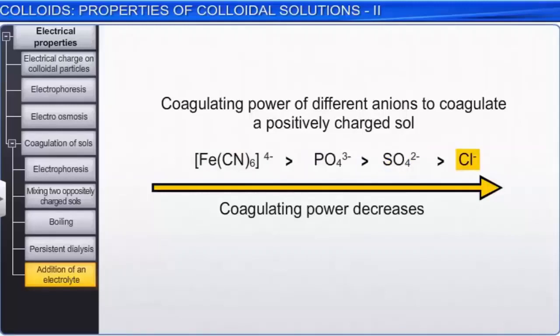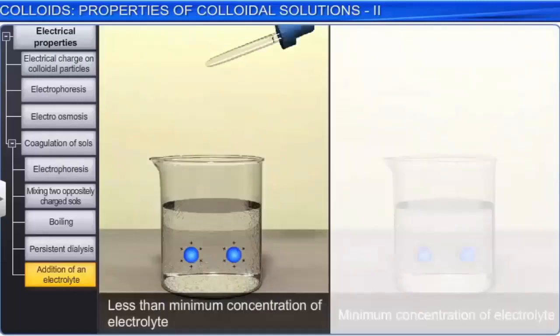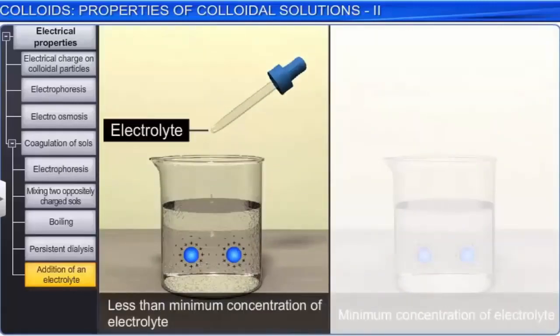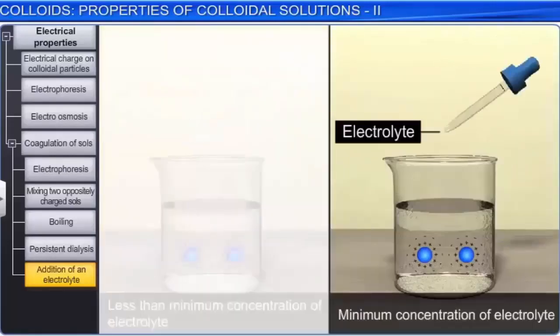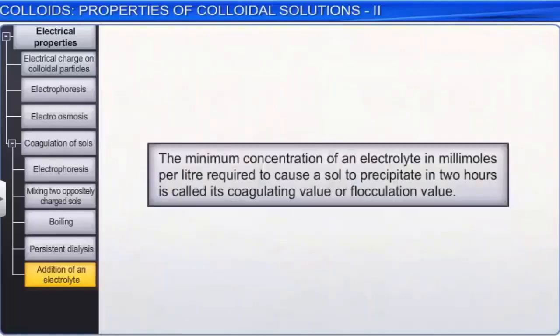The coagulation of a sol by an electrolyte does not take place until the electrolyte added has a certain minimum concentration in the solution. The minimum concentration of an electrolyte in millimoles per liter required to cause a sol to precipitate in 2 hours is called its coagulating value or flocculation value.